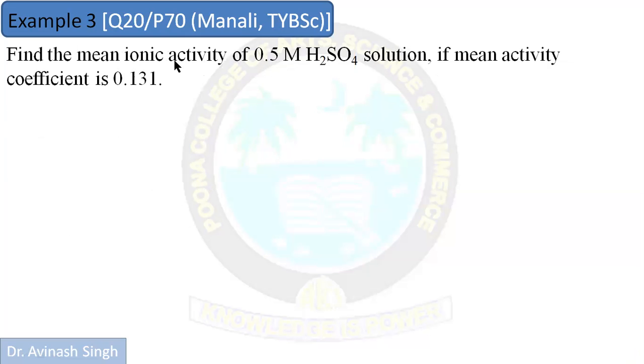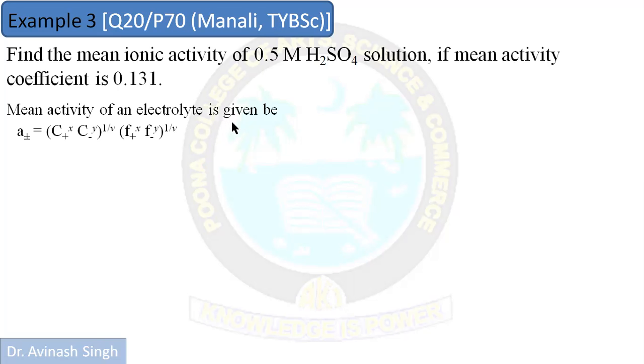We have to find out the mean ionic activity of 0.5 molar sulfuric acid solution if the mean activity coefficient is given to be 0.131.